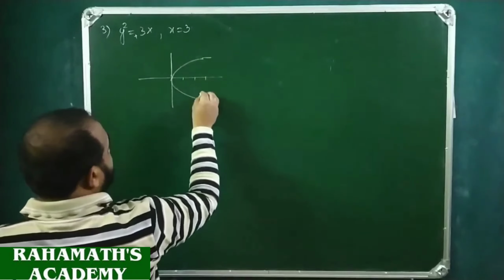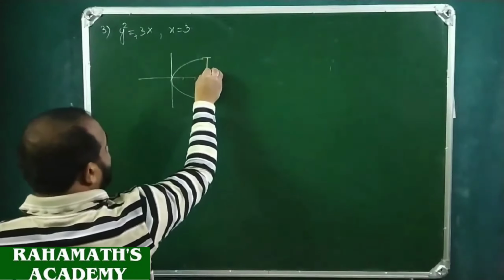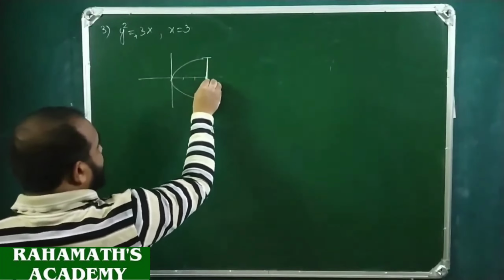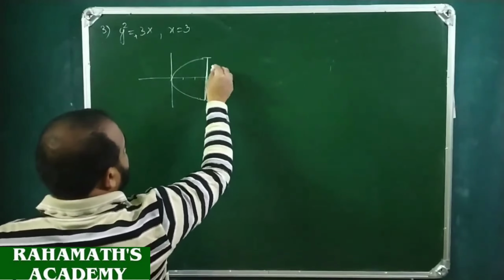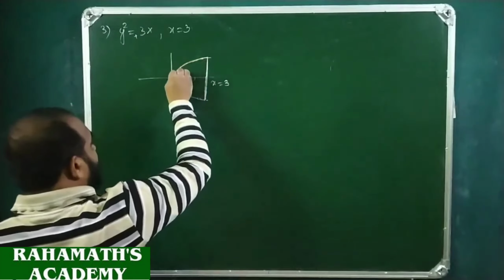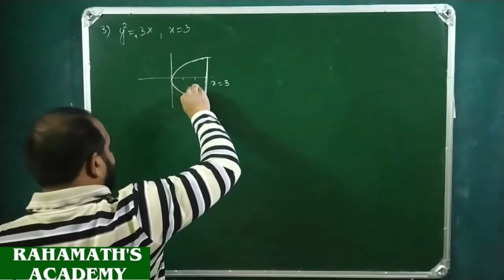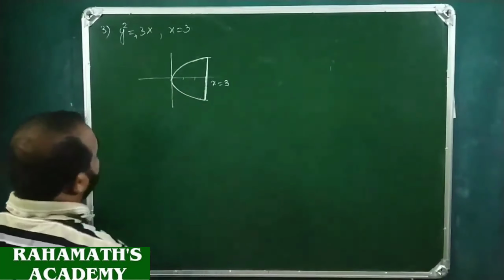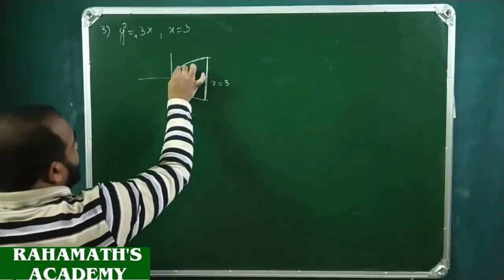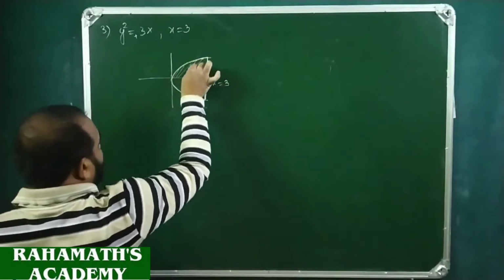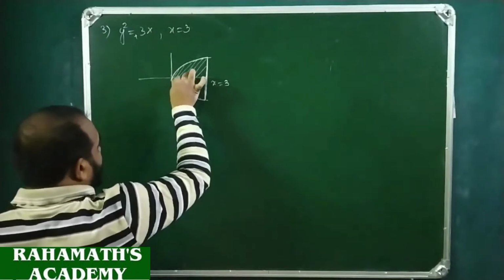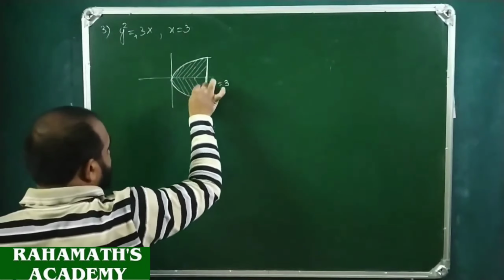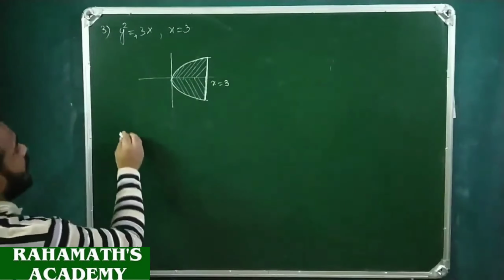So this is x equals 3. This is the given curve, and that's it. Therefore, this is the area of the region we are required to find.